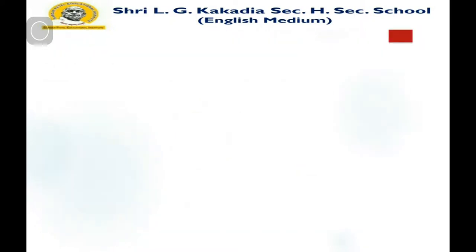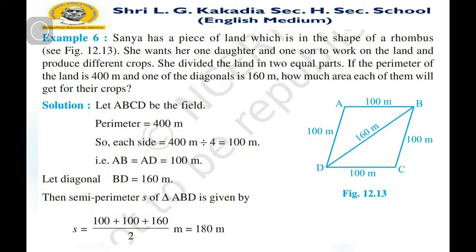Now let's take example number 6. Sanya has a piece of land which is in the shape of a rhombus. In a rhombus we know that all sides are equal. She wants her one daughter and one son to work on the land and produce different crops.